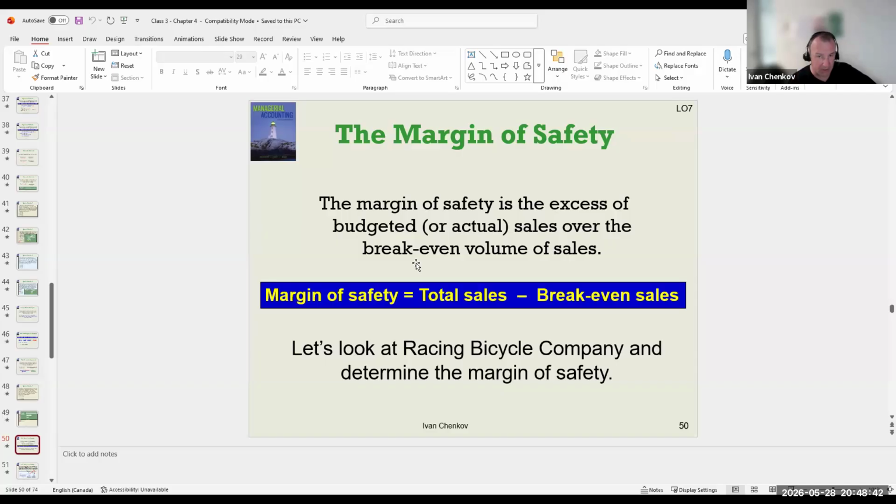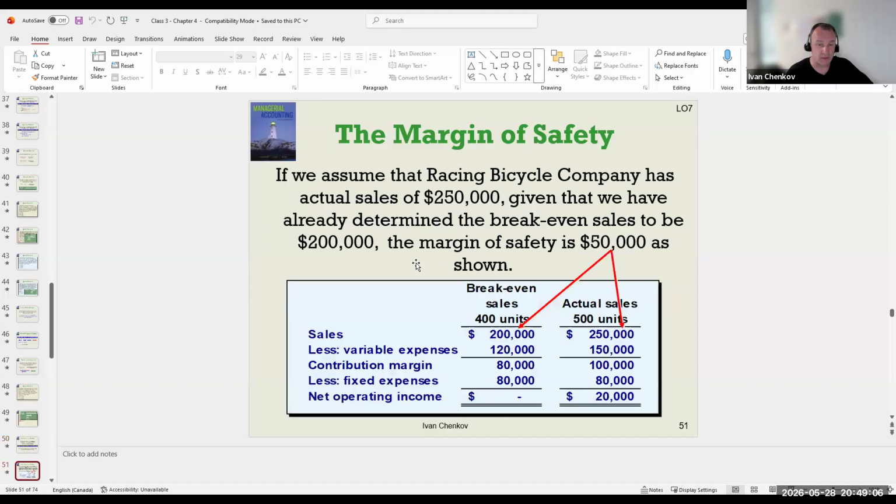Because indirectly you have to calculate the break-even point. You won't be able to get the margin of safety if you don't know the break-even. But you won't be able to get the break-even if you don't know how to calculate the break-even. So the margin of safety is a common question because it indirectly asks you to calculate the break-even point.